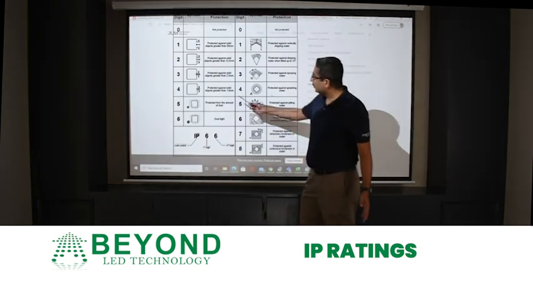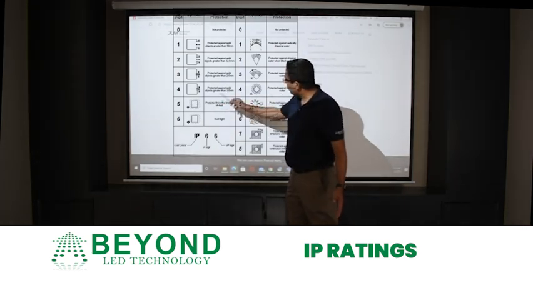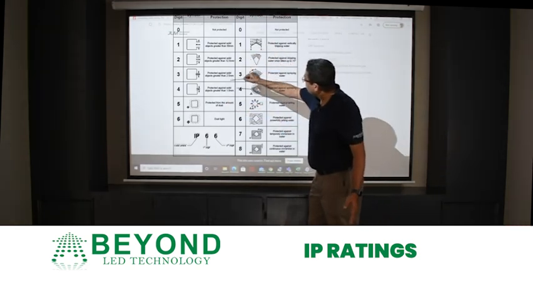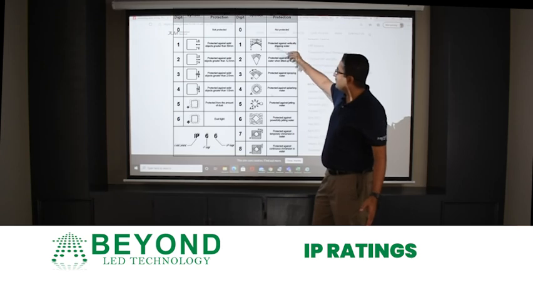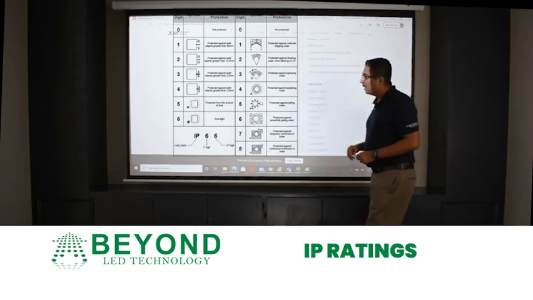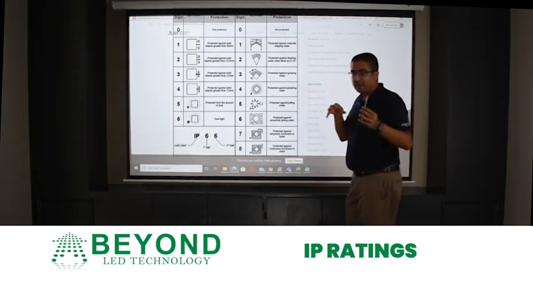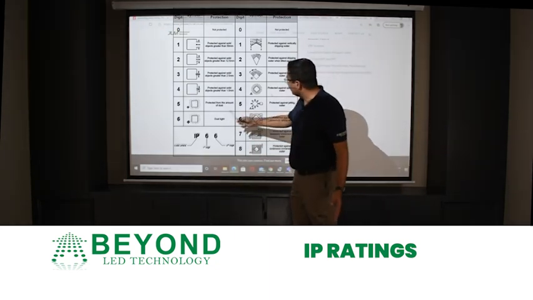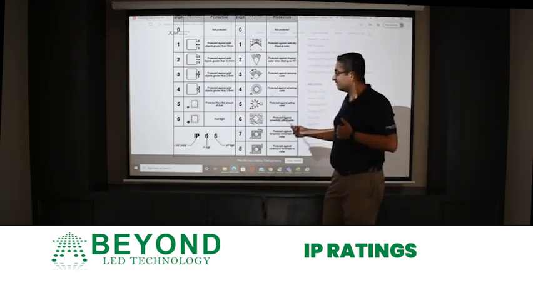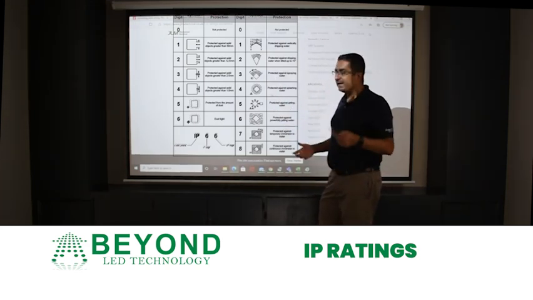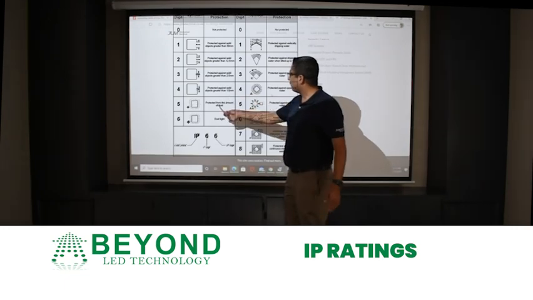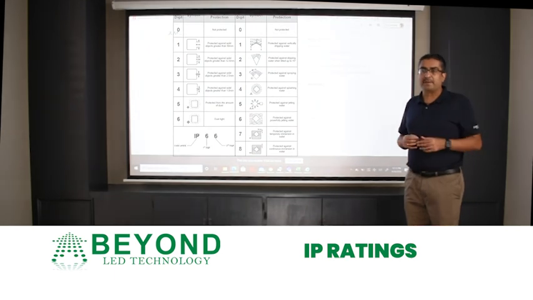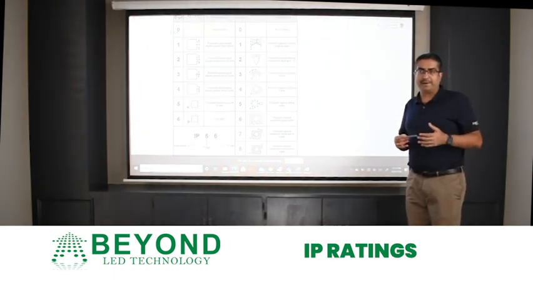Some indoor lighting uses IP54, IP44 like this. I've never seen anything like IP11, IP22, IP33 used in our product line. Most products are outdoor rated IP65, 66, 67, 68, and some indoor lighting from IP44 to IP54. Basically, it's the waterproofing and dustproofing level of the product.